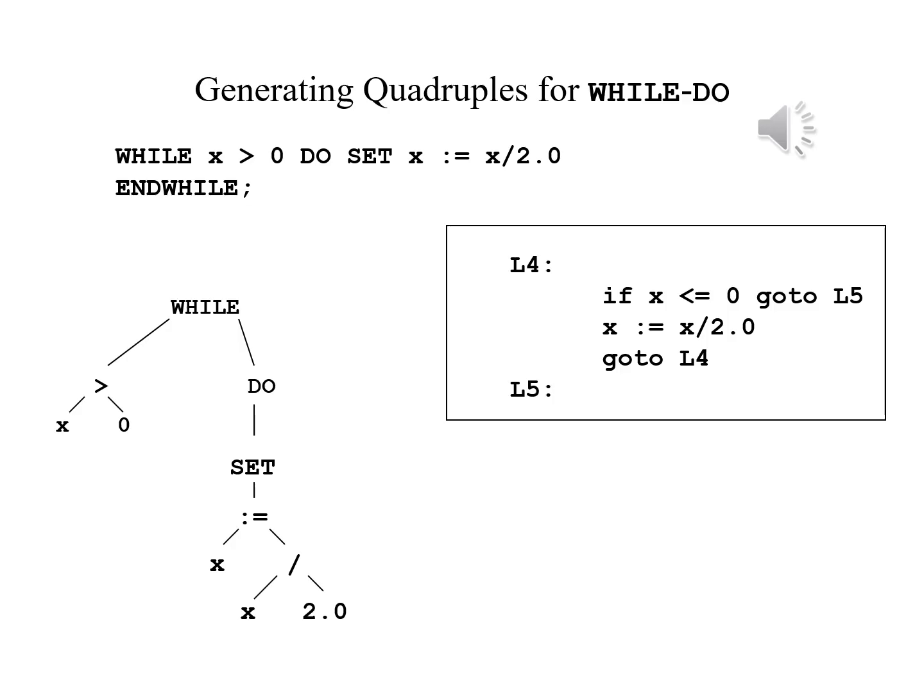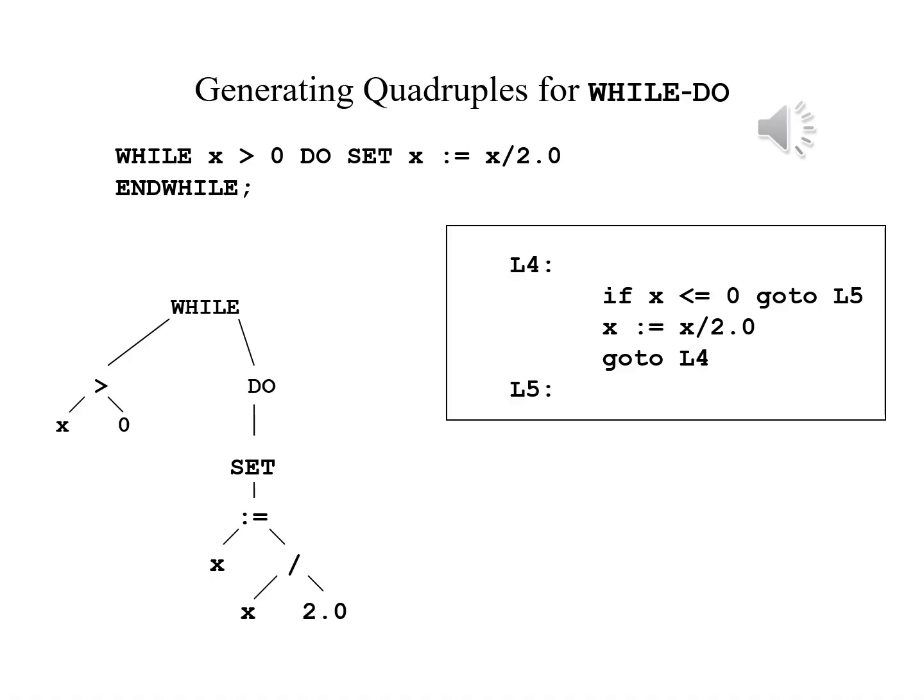We're looking to generate quadruples for a while loop, and we'll look at the statement: while x is greater than 0, do set x equal to x divided by 2.0 end while. What we need first is a label here to indicate where we're going to come back. Each and every time as we begin the loop, we will have an if statement.